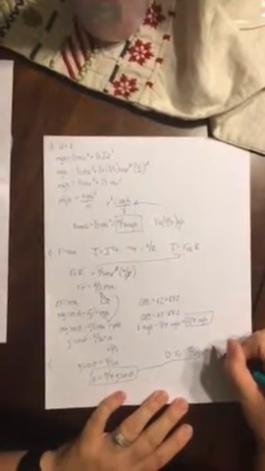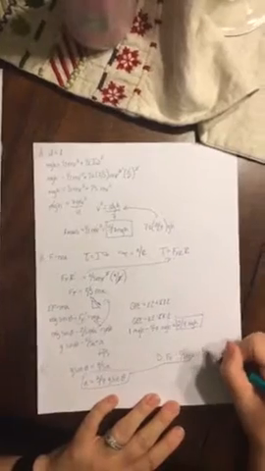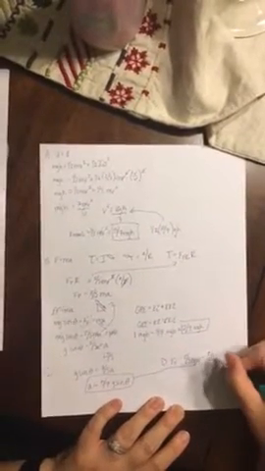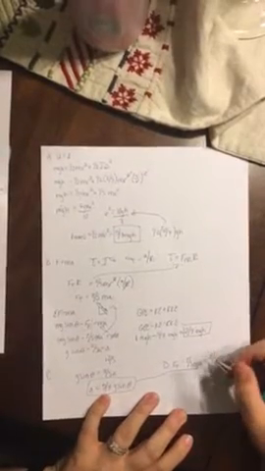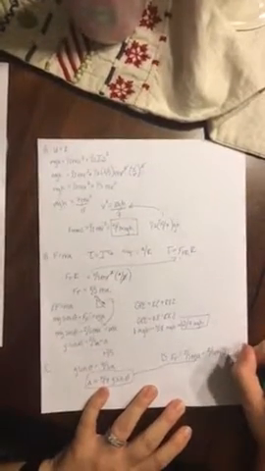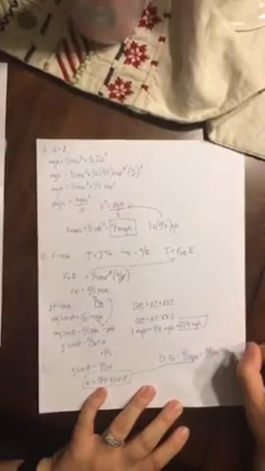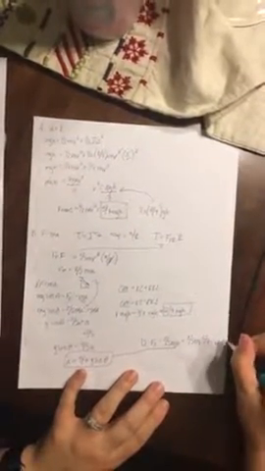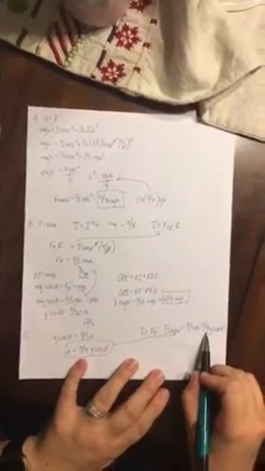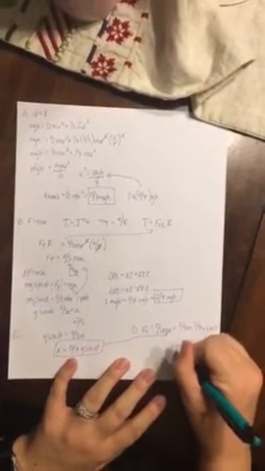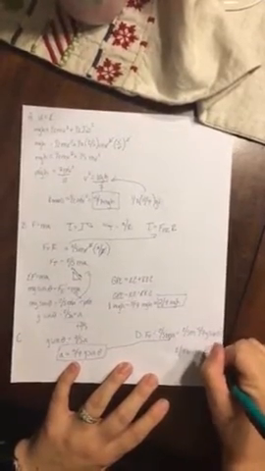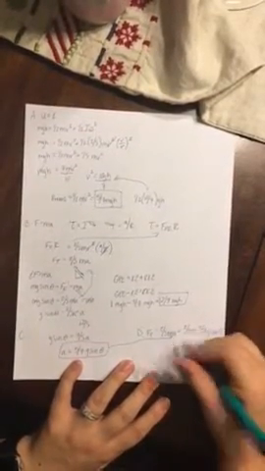So you have 2/5, and then you still have m, and then you have your 5/7 g sine of theta. If you multiply these two together, find the lowest common denominator, you end up getting 2/7 mg sine of theta for D.